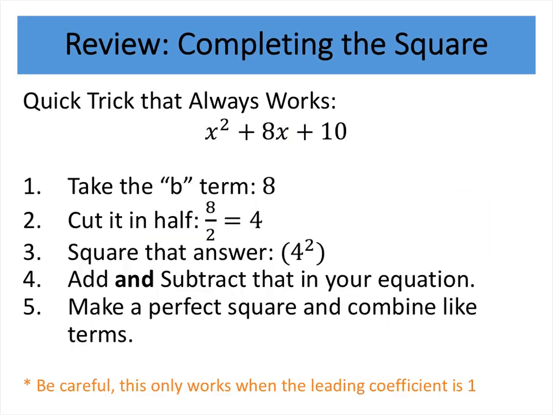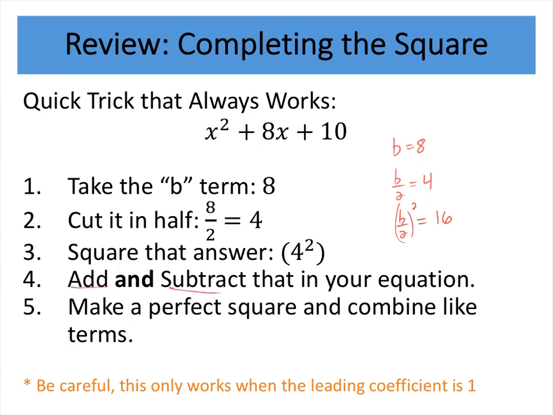The trick that we learned was that we take the b term, in this case it's 8, and we cut it in half, so that's b over 2, that's half of b, and then we square it. So we take the half of the b, and we raise it to the power of 2. So in this case 4 squared is 16. And then we add and subtract that in.